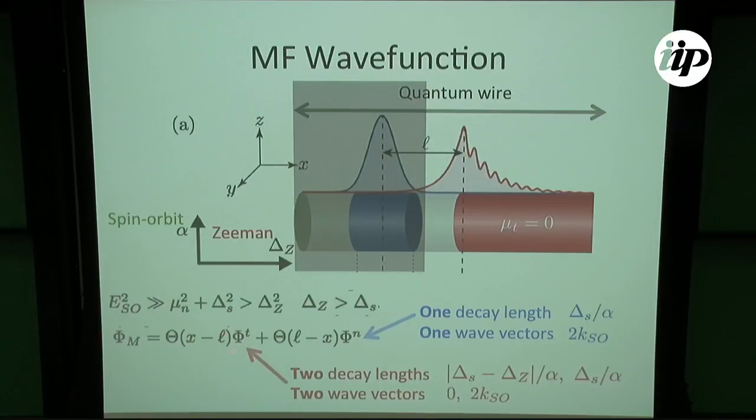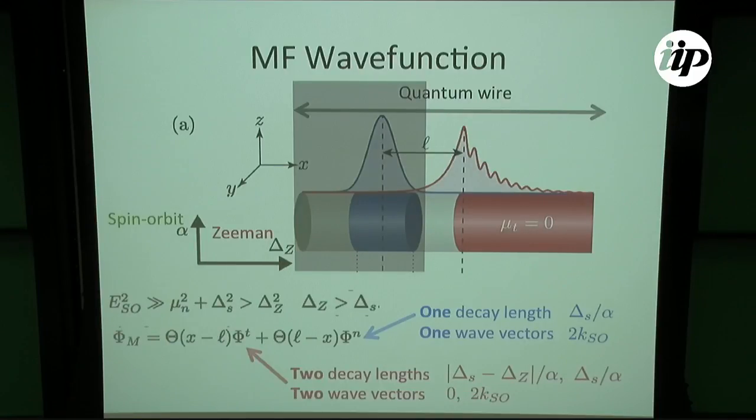What you find is that this component on the topological side has two decay lengths given by the topological gap and the superconducting gap, and two wave vectors. One is 0, so it's constant in space. It has no oscillations, and one that has oscillations with 2 k_SO.